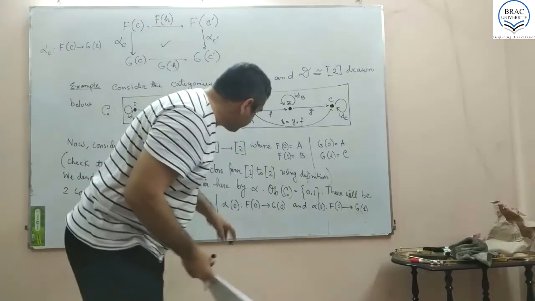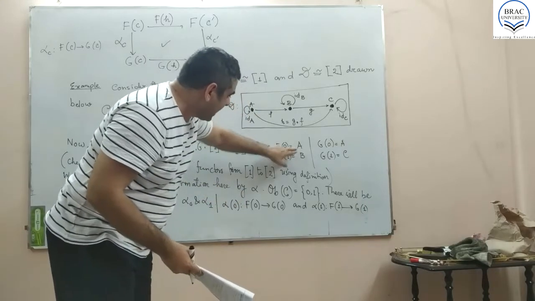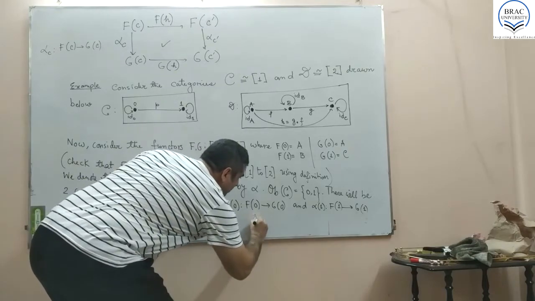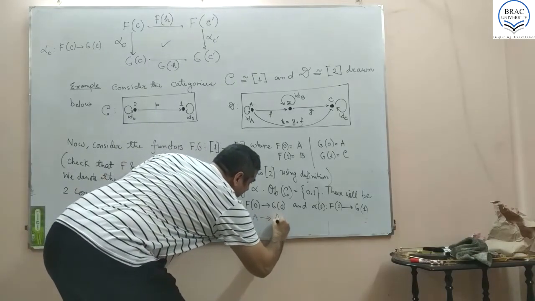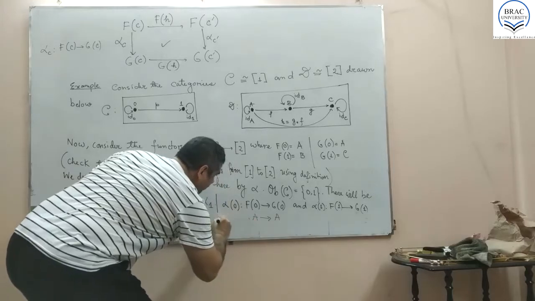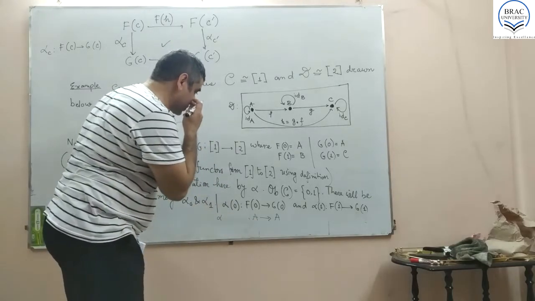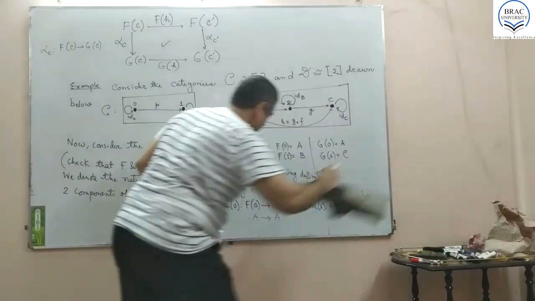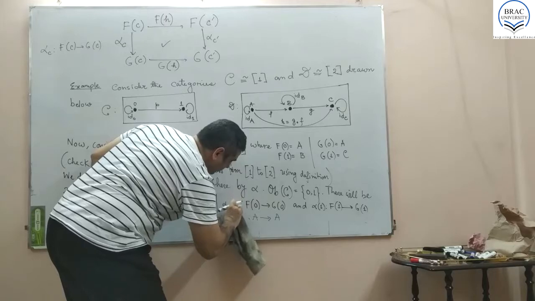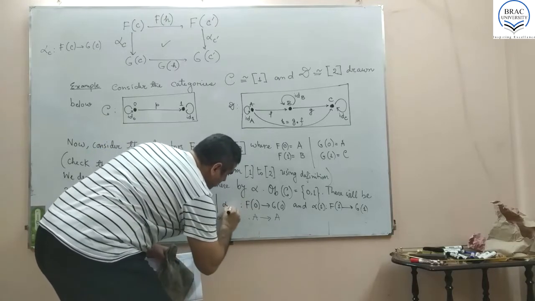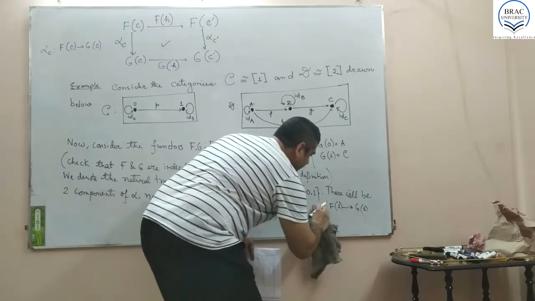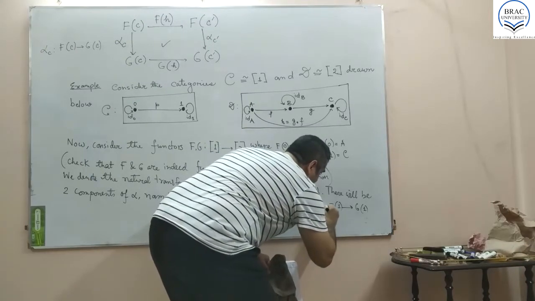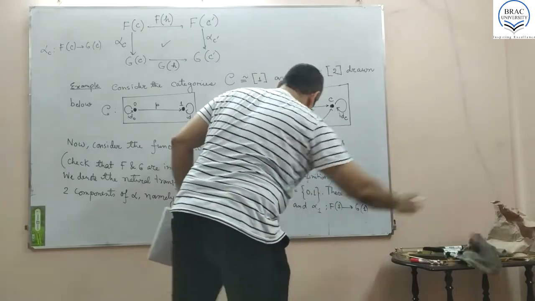Well, I should call it alpha sub 0 instead of alpha of 0, and alpha sub 1 instead of alpha of 1. These are the two components of the underlying natural transformation.